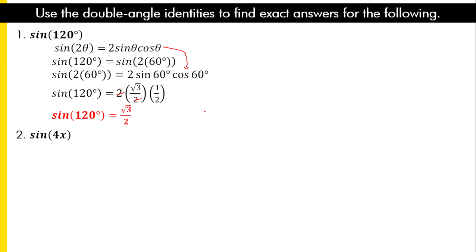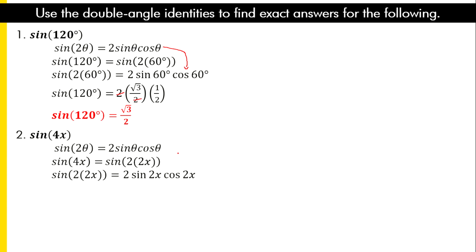Another example, sine 4x. Same procedure as the previous example, just use the sine double angle identity. We can express 4x as 2 times the quantity 2x. All you need to do is substitute from the derived identity earlier.